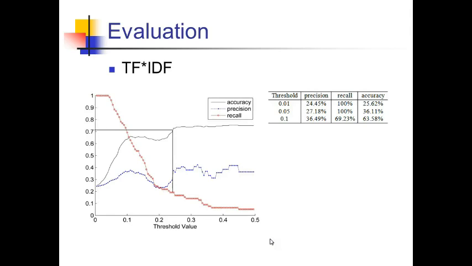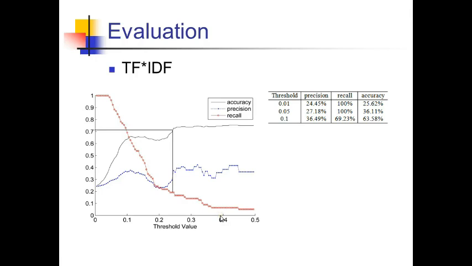And here I illustrate how the value of the threshold impacts the accuracy of the extraction. We can see that a high threshold value will result in increased accuracy, but the precision will vary, and the recall rate will drop.